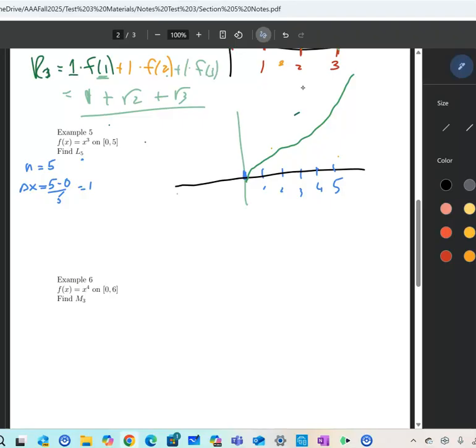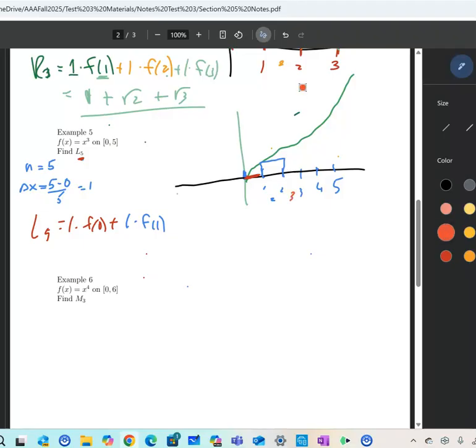I'm going to make my first rectangle using the left-hand endpoint between 0 and 1. Oh my goodness, there's no rectangle. So I could write down the width of 1 and then f of 0, just for fun. Plus, the second rectangle using the left-hand endpoint uses this point right here, so it'll be the width of 1, f of 1.